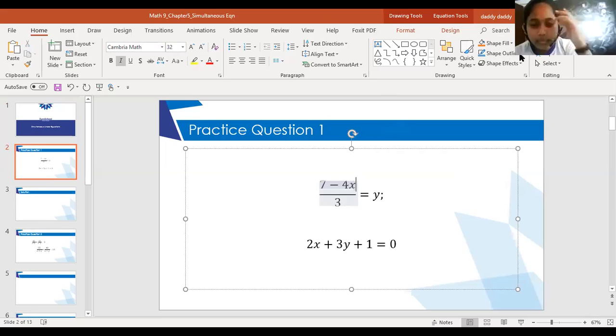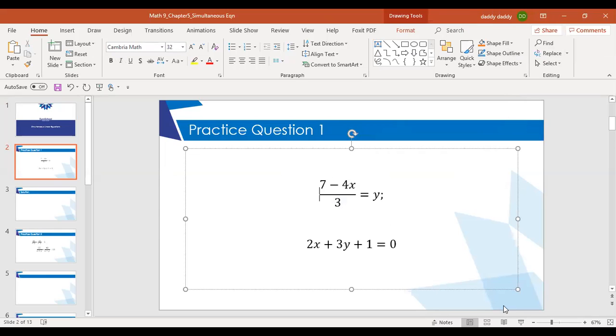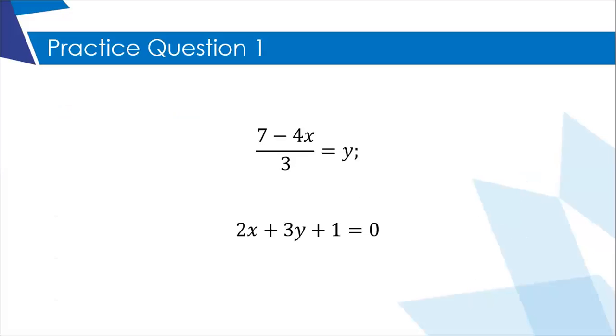Please don't annotate. 7 minus 4x upon 3 is equal to y, and the next one is 2x plus 3y plus 1 is equal to 0. Please do it.